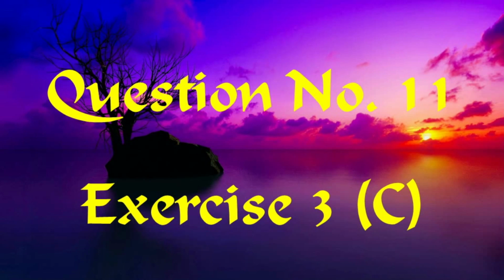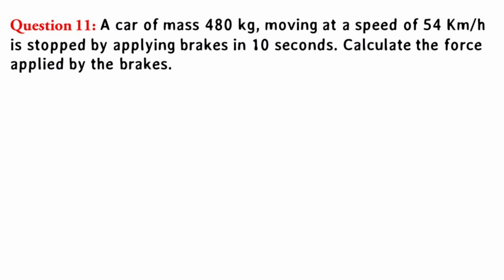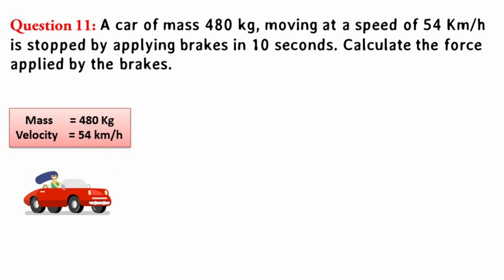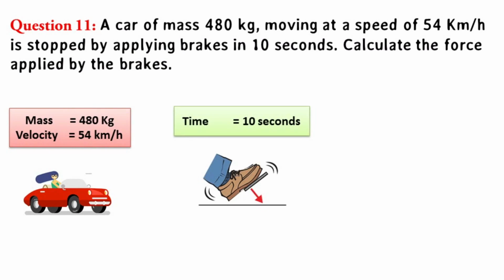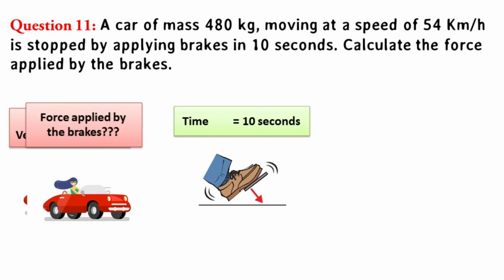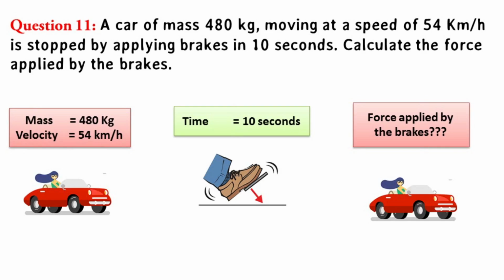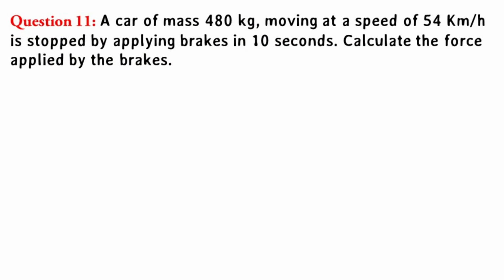Question number 11. A car of mass 480 kg moving at a speed of 54 km per hour is stopped by applying brakes in 10 seconds. Calculate the force applied by the brakes. Please note, here speed is given in kilometer per hour, so we have to convert to meter per second.